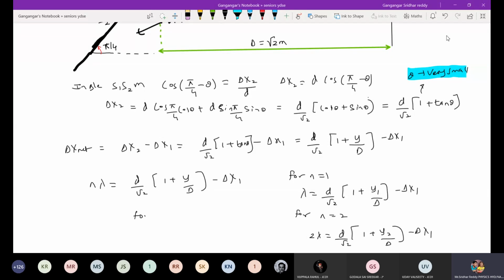The required answer, the fringe width, will be w equal to y2 minus y1. Solve for y2 minus y1, we'll get the required value for the fringe width here.